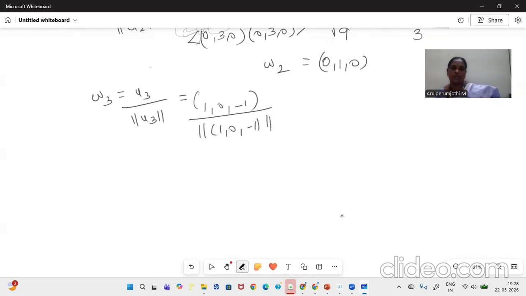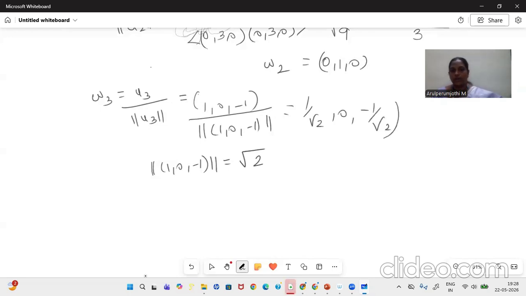So what is the norm of 1, 0, minus 1? It is root 2, because 1 square plus 1 square is 2. So the answer is 1 by root 2, 0, minus 1 by root 2.